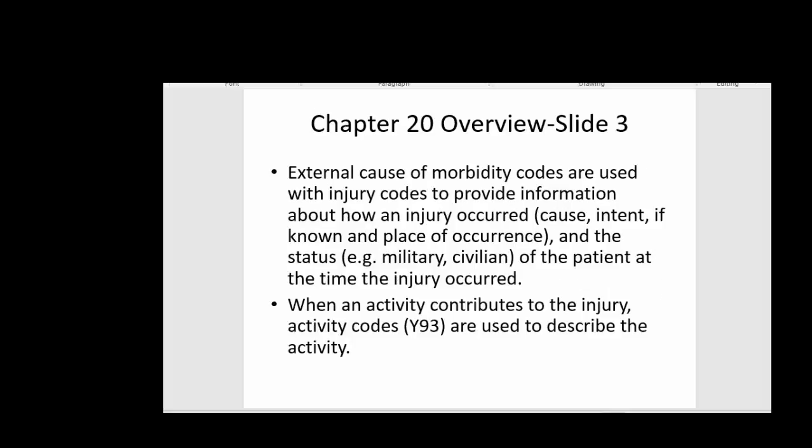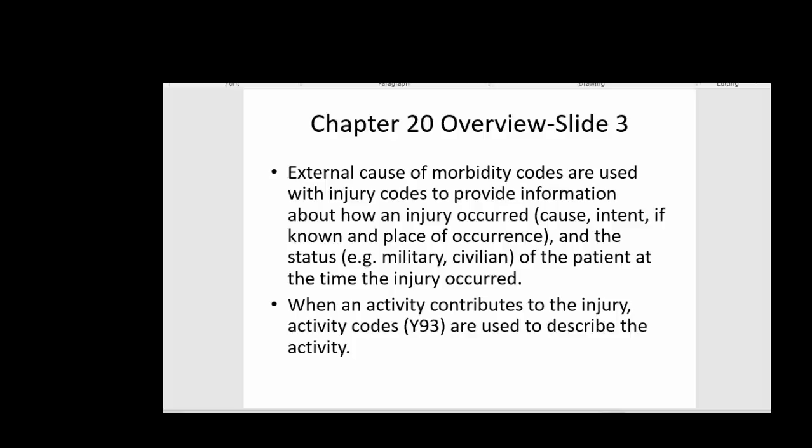External cause and morbidity codes are used with injury codes to provide information about how that injury occurred, what caused it, was it intentional or accidental, if you know that, and the place it occurred. The status, is it a military person or a civilian person? Was the patient working when he or she got hurt? Were they in the military but on their off-duty time?